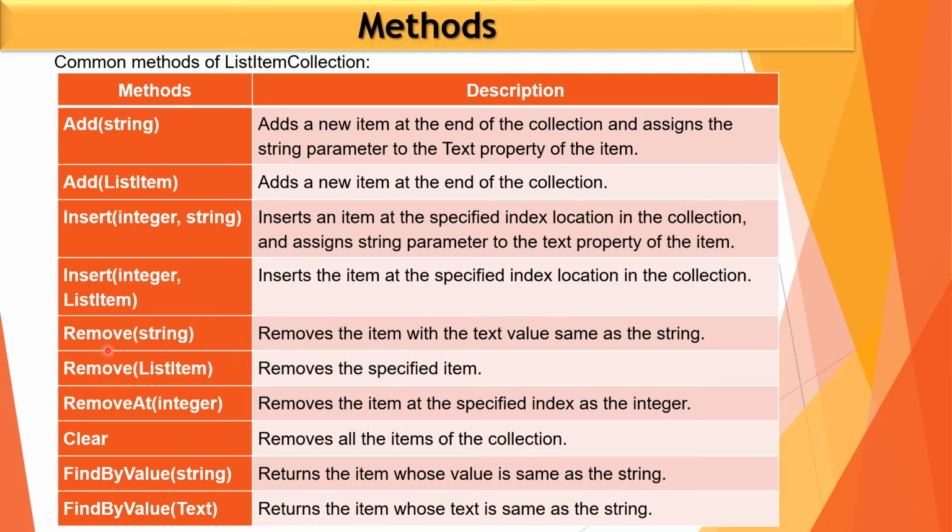Also, the next method is the Remove method. You can remove any item from the list by specifying the text value, the same as the string or the list item, and that will remove the specified item from the list. The RemoveAt method will remove an item at the specified index as an integer.